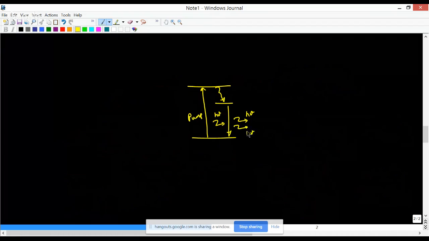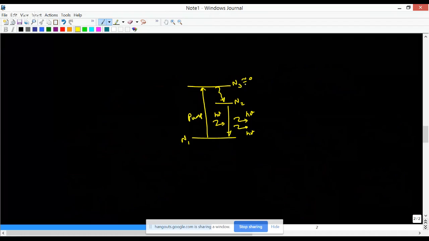Now, in this picture, if you are tracking, we said, if you say this is N1, this is N2, and this is N3, these are the number densities at these different energy levels. We said this higher energy level is typically short-lived, as in the case of erbium, that energy level has a very low lifetime.